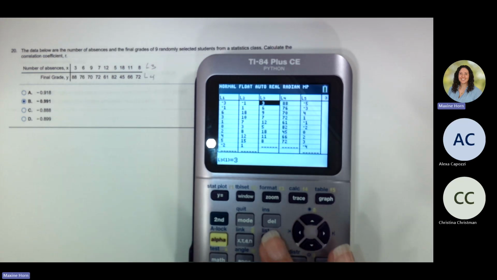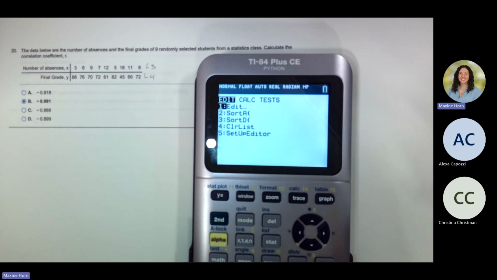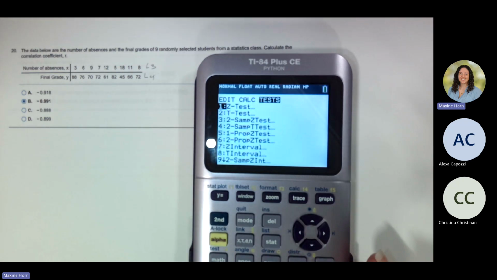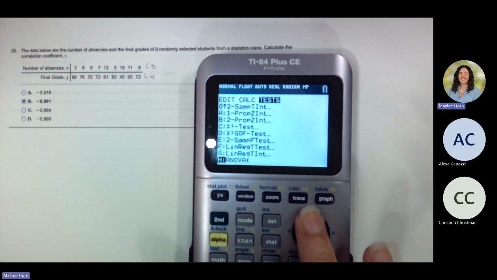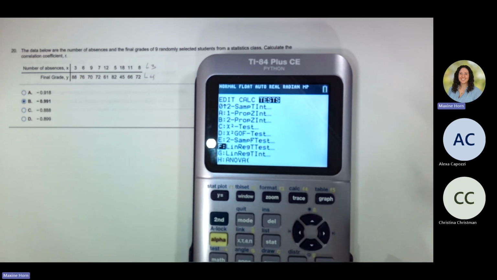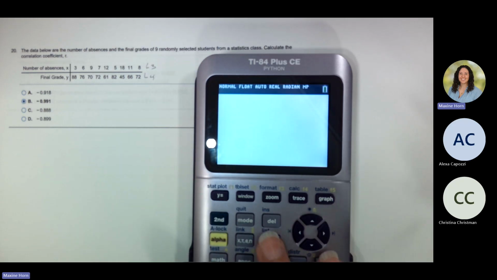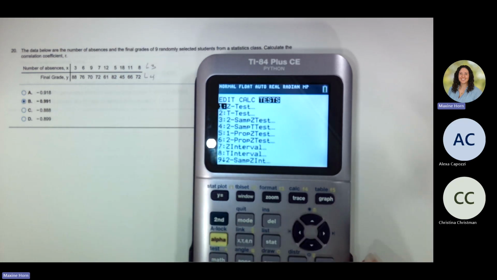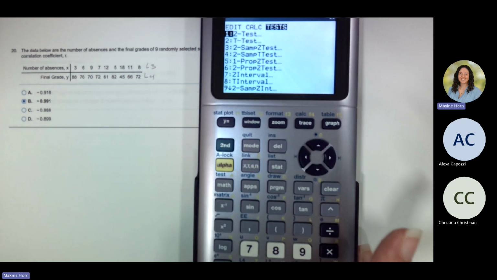So now I'm going to go to Stat, Tests, and I've probably shown you guys this before, but a quick refresher that instead of arrowing down, if you arrow up, if something is near the bottom of the list, it's fewer clicks, right? Also, if you already know exactly what it is, so I go to Stat, Test, if I know that it's the letter F, then I can also just type in F and it'll go directly there.